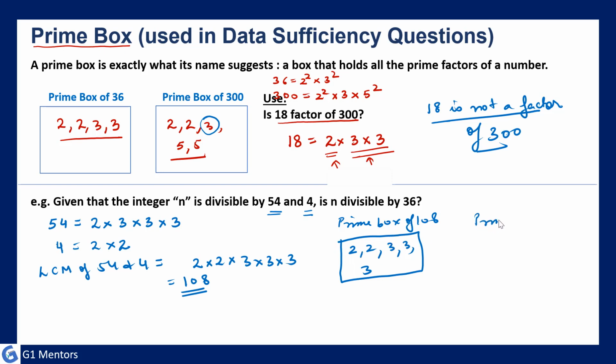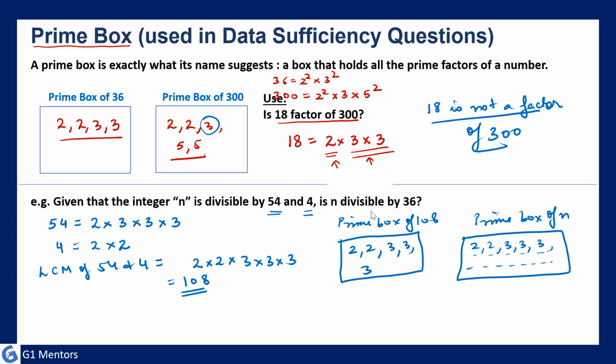The prime box of n will have all the factors of 108 plus some other factors which we don't know. But at least the prime box of n will contain the factors 2, 2, 3, 3, 3, which is nothing but 108. Now we need to see, is n divisible by 36?